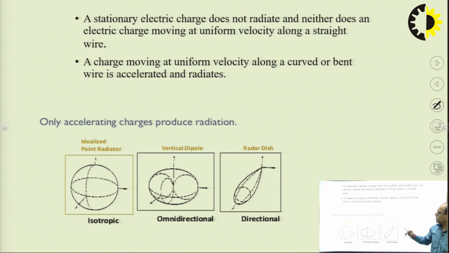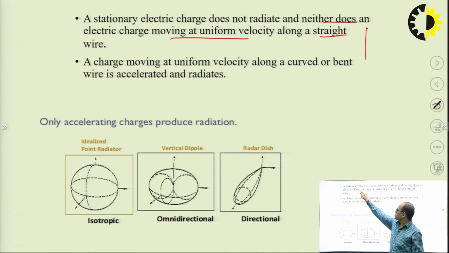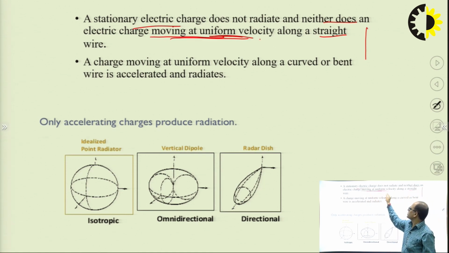A stationary charge will not radiate, and neither does an electric charge moving at uniform velocity along a straight wire. If there is an electric charge moving at a uniform velocity, then also there will be no radiation.